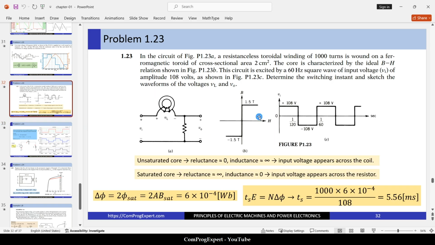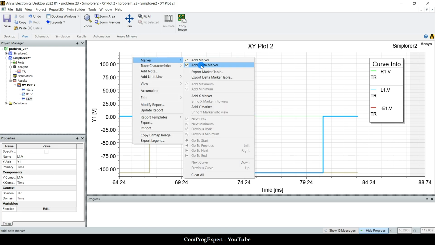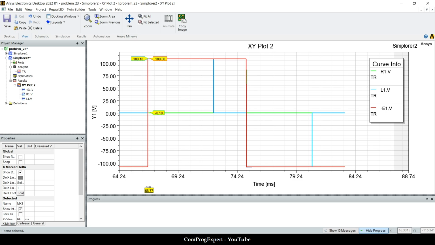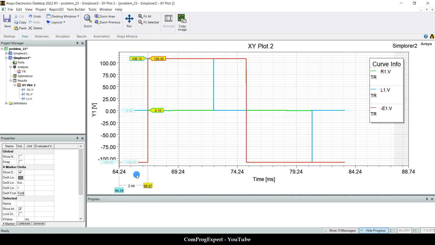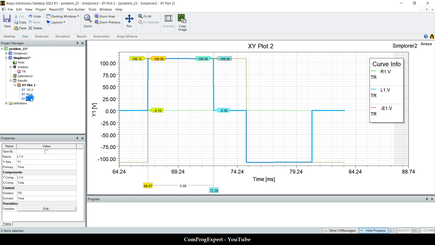However, we analyzed and manually calculated the switching time, that is 5.56 milliseconds. Let's check in the software. If I add this X marker here for the inductor and add another X marker here, how much is the switching instance? 5.5856. That is very close, this waveform.